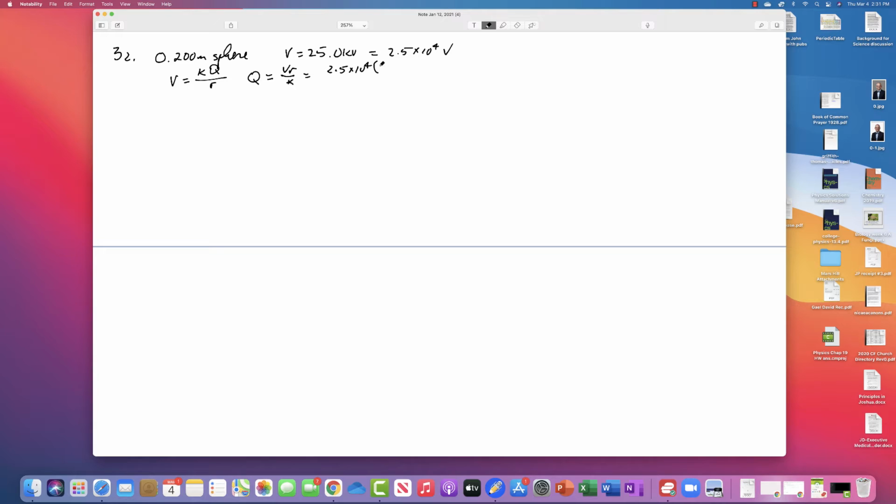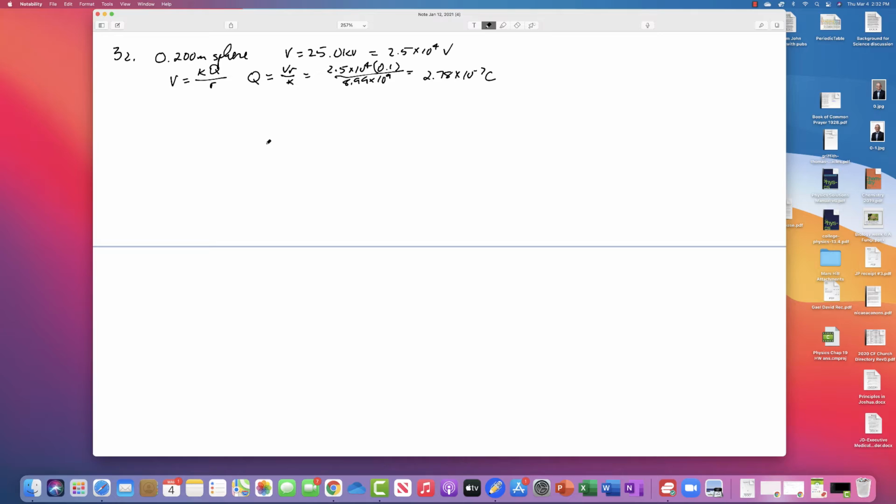So it's 0.1 divided by 8.99 times 10 to the 9th. You do the math here and you get 2.78 times 10 to the minus 7 coulombs of charge.